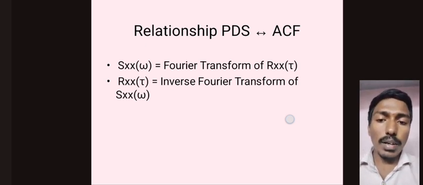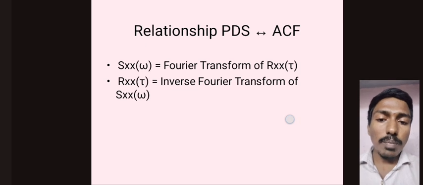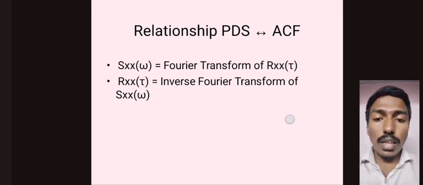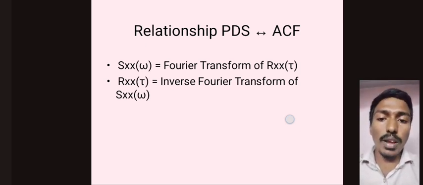In mathematical representation, Sxx of omega is equal to the Fourier transform of Rxx of tau. We observe that Rxx of tau times e power minus j omega tau d tau, that exponential part, converts Rxx of tau into Sxx of omega.